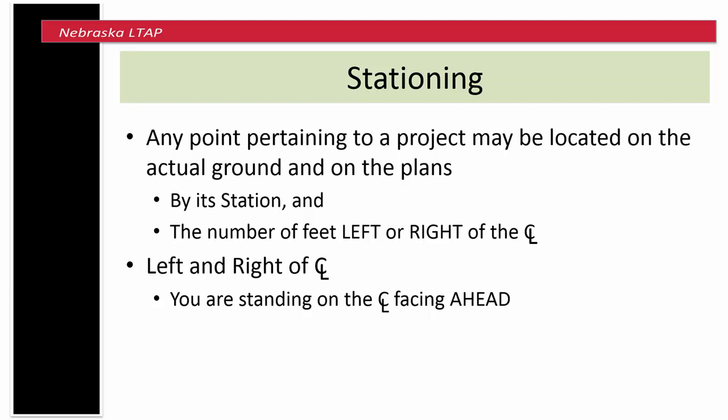You can find any point on a project in the field or on the plans by using the station number or the station number and how many feet the point is right or left of the center line. You are right or left as you are standing on the center line facing ahead.